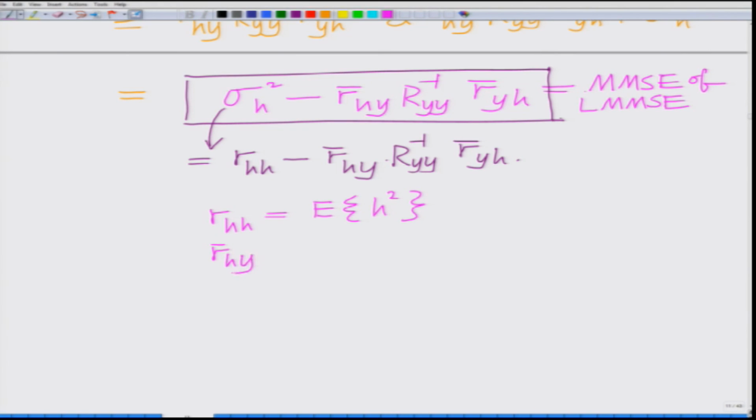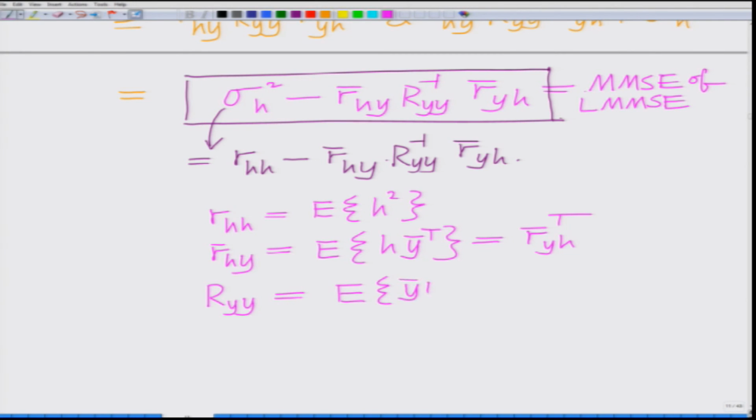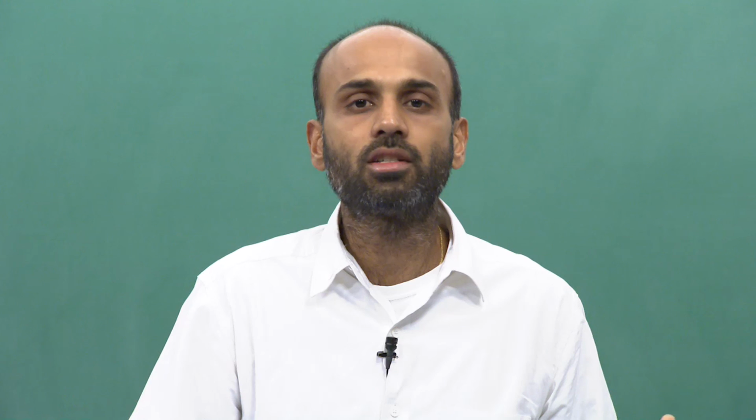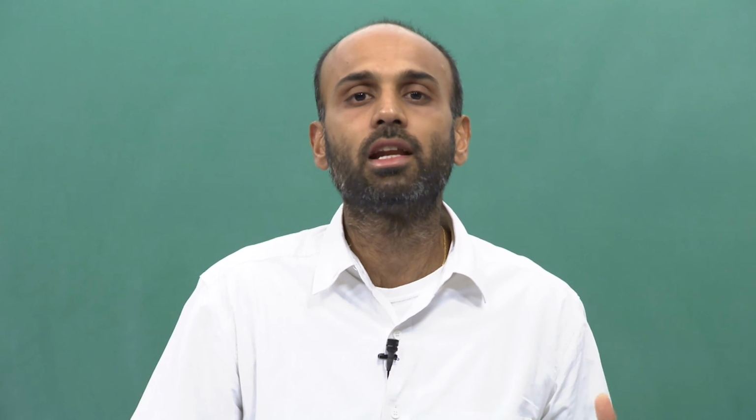R bar HY equals expected value of h y bar transpose, which is R bar YH transpose, and RYY equals expected value of y bar y bar transpose. This is the resulting minimum mean squared error of the LMMSE estimate. You see that it has the same expression as the minimum mean squared error for the Gaussian, and that is naturally the case because for the Gaussian the MMSE and the LMMSE are the same.